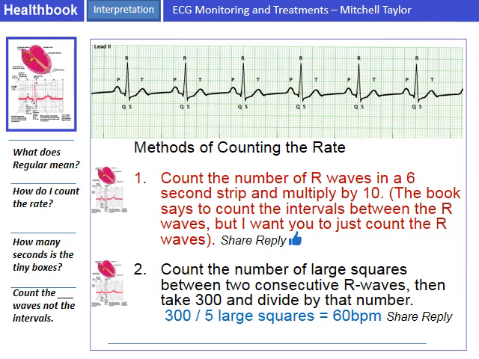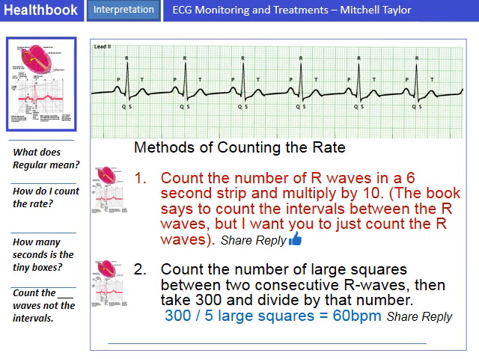The book says to count by intervals, like you go R to R to R to R and count, but I really believe that's an error. Since books started coming out in 2013 and on, they use the method of number 2 where they use intervals, and I think that just got ascribed to the first way of doing it.